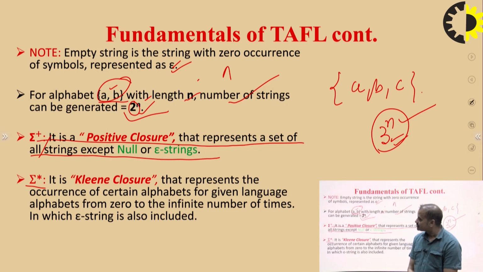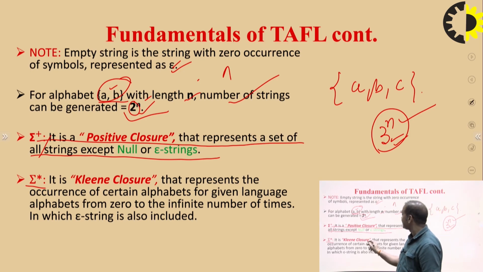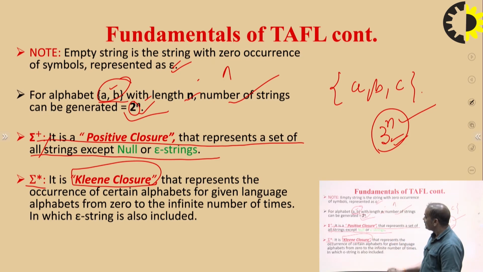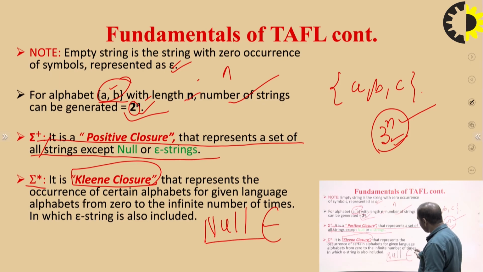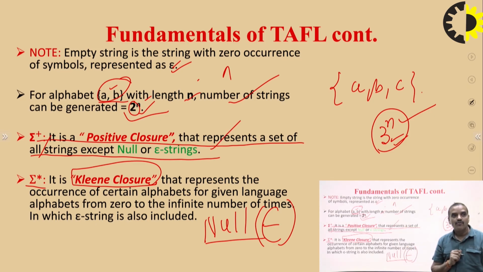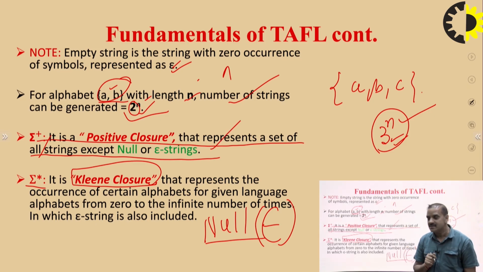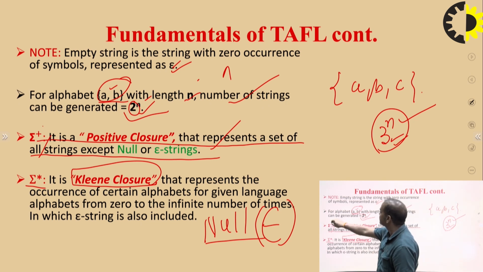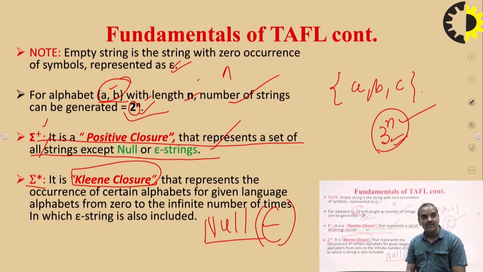Sigma plus is called positive closure and sigma star is called Kleene closure. In the case of Kleene closure, we have to include null, but in the case of positive closure, we remove null. That means in the case of sigma plus, we don't include the null.